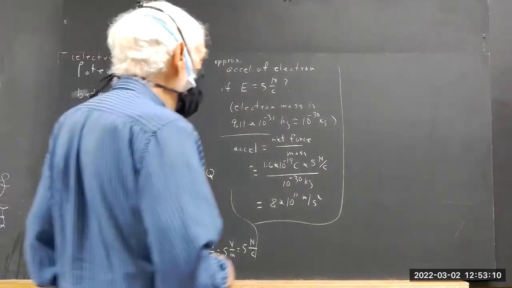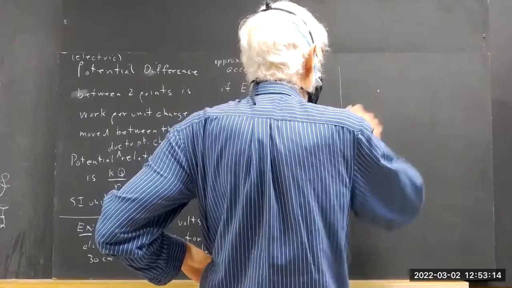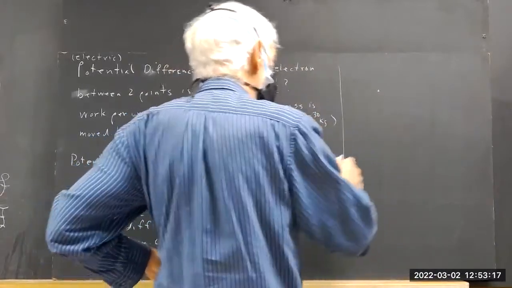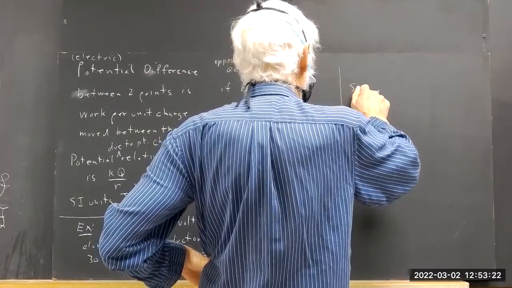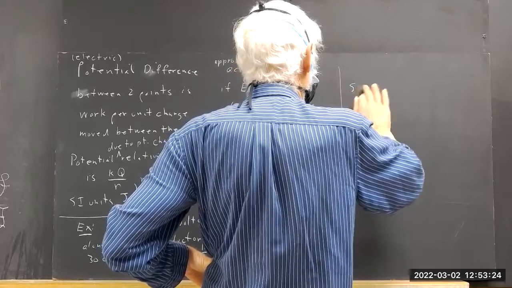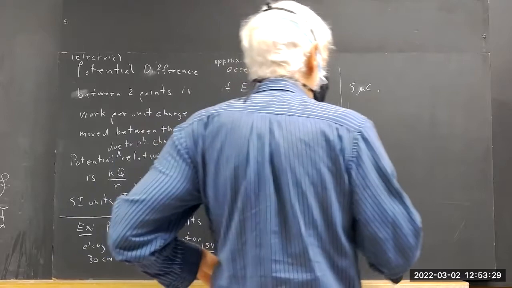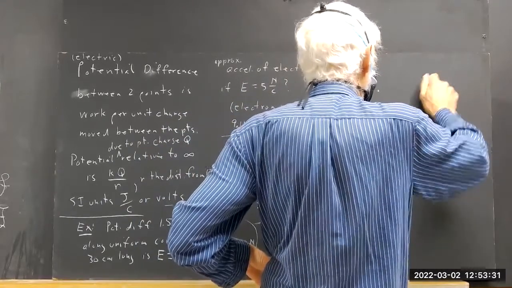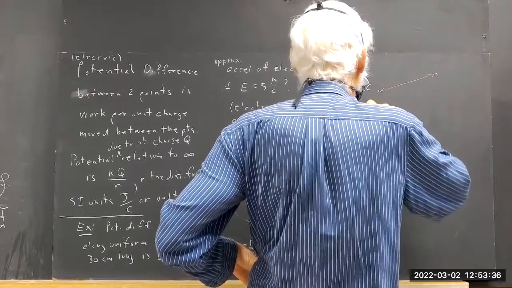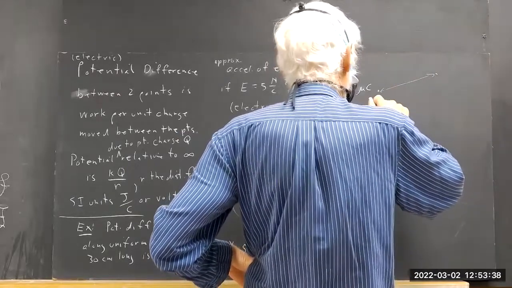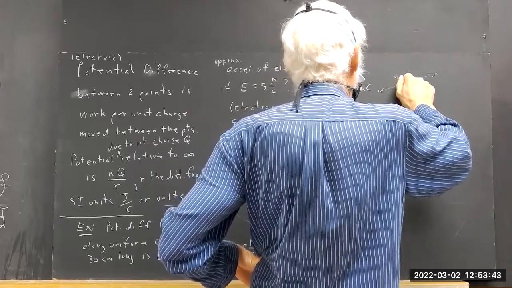let's change gears and go to a different situation now. Let's say you've got a charge here of 5 microcoulombs. And you have a point here, anywhere, at a distance of, let's say, 30 centimeters.